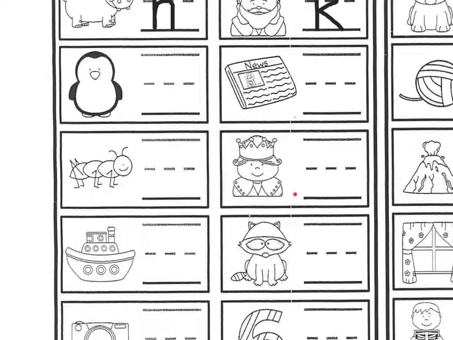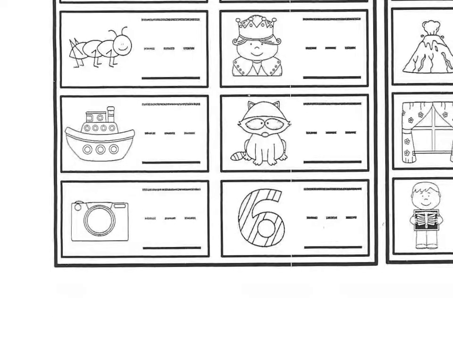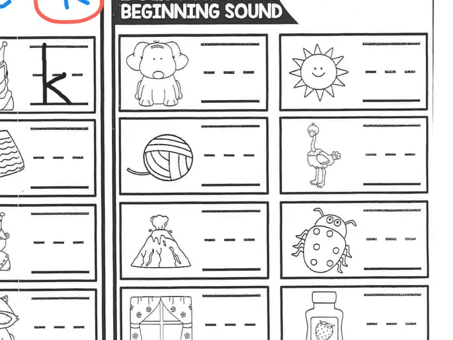This one we did earlier as well. It's a picture of a queen. This one is a boat. Next we have a raccoon. After that we have a picture of a camera. This one I'm pretty sure all of you guys know. That's the number 6. Okay, I'm going to move along.